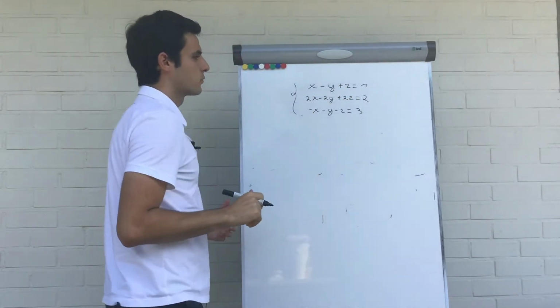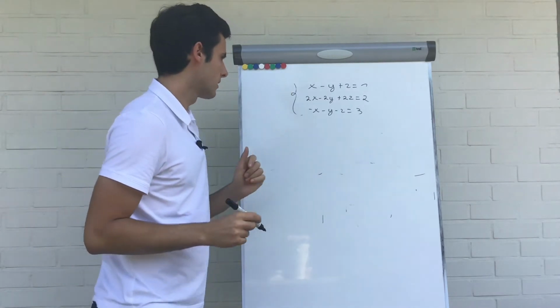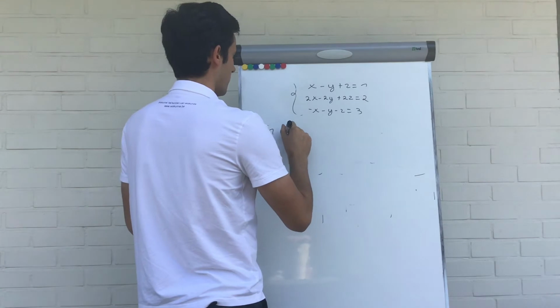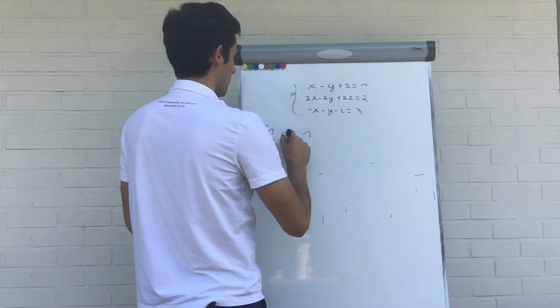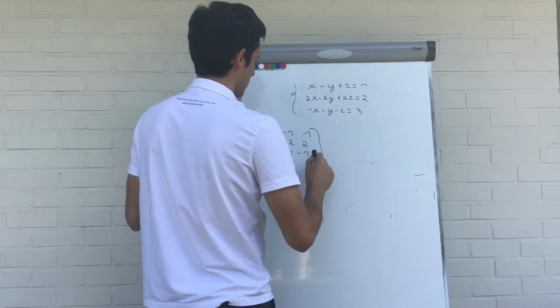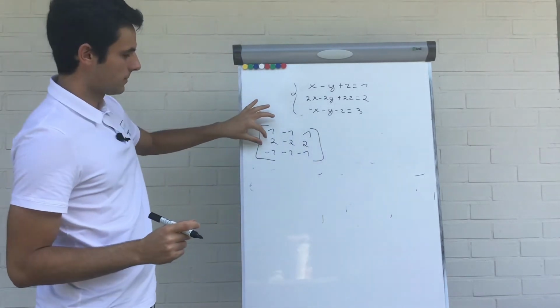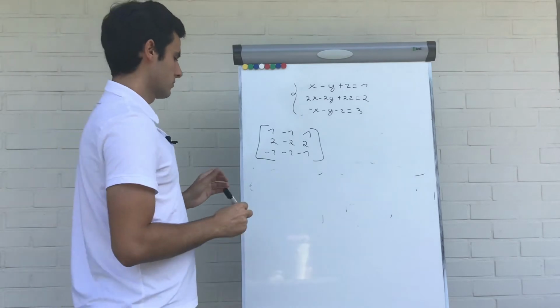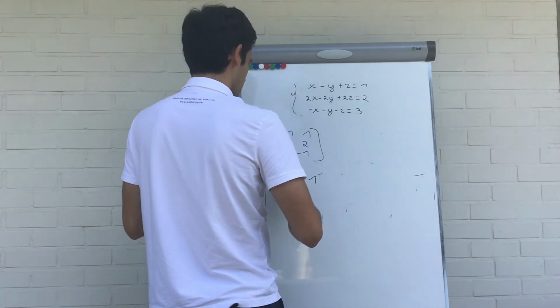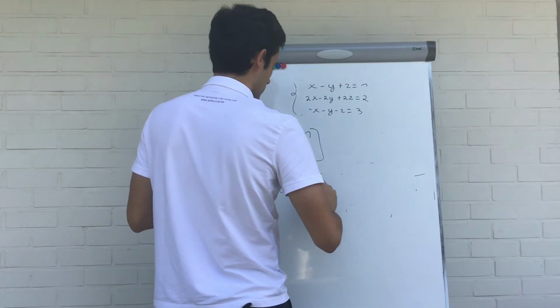So we have again 3 variables and 3 equations. I will write the small matrix: 1, -1, 1, 2, -2, 2, -1, -1, -1. So what do you see, that the second row is 2 times the first row. So if we calculate the determinant of the matrix, we can use row operations.